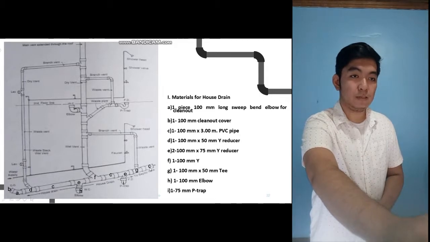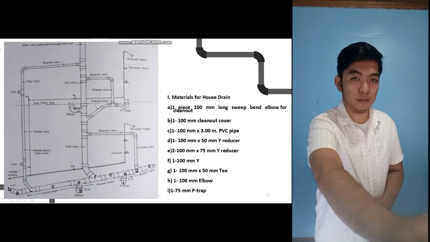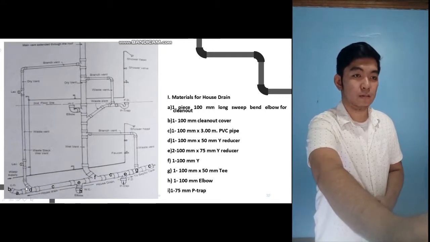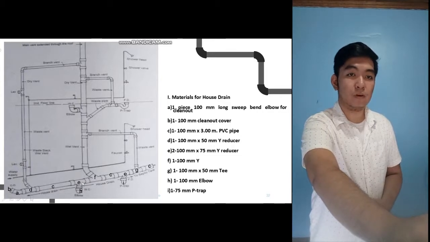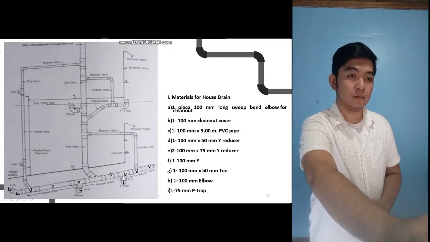For D, kani letter D, isa ka buok na 100 mm by 50 mm wire reducer. Gitawag siyang Y kay mura siya Y ang forma. Duha ka buok for E, duha ka buok na 100 mm by 75 mm wire reducer.